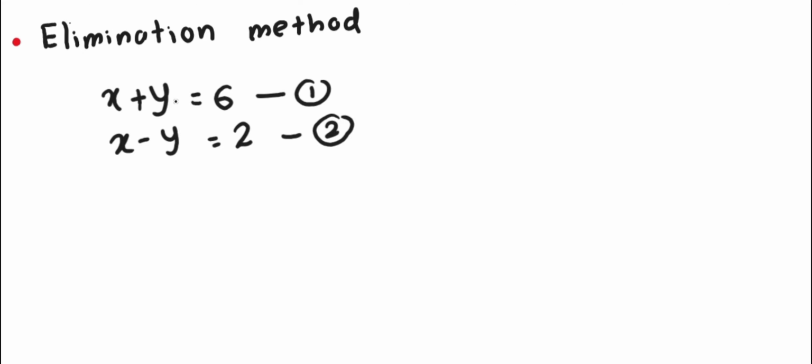So what is the coefficient of y in the first equation? It is 1. What is the coefficient of y in the second equation? It is also 1. So both are equal, and now our condition is satisfied.